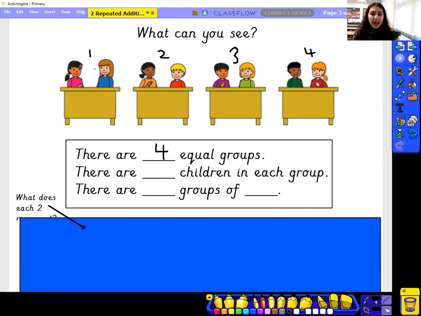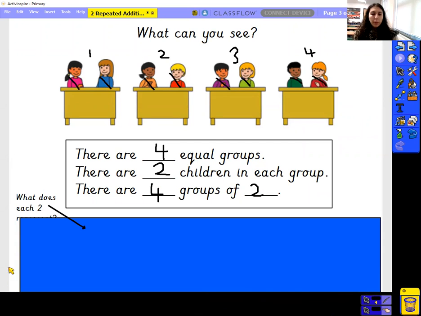And inside each group, I have got 2 children. So from what we learned yesterday, there are 4 groups of 2 children.